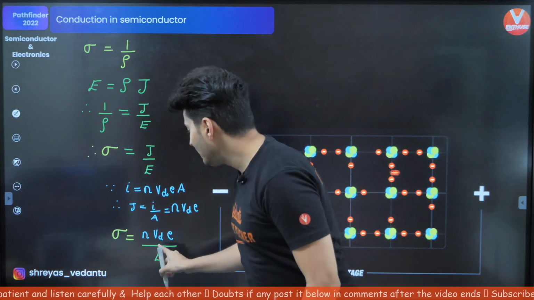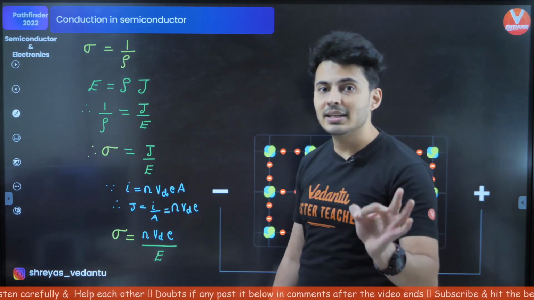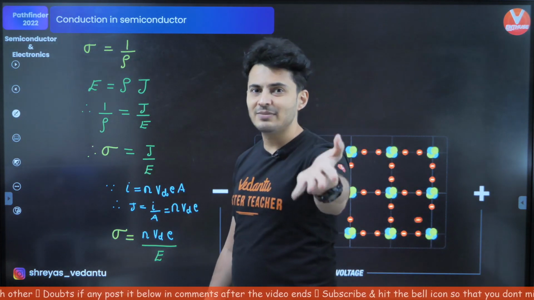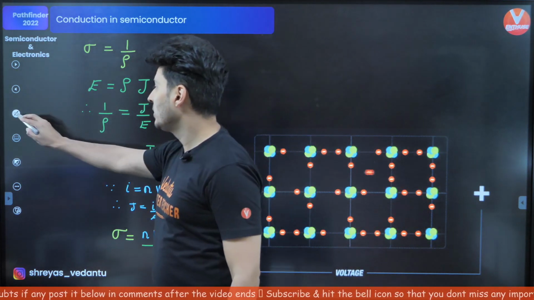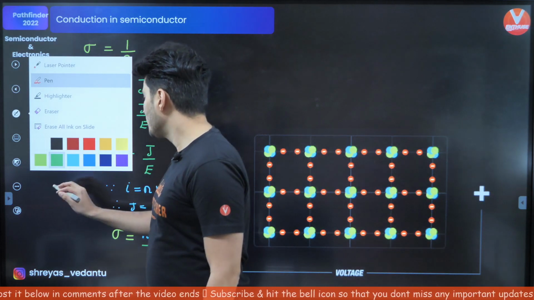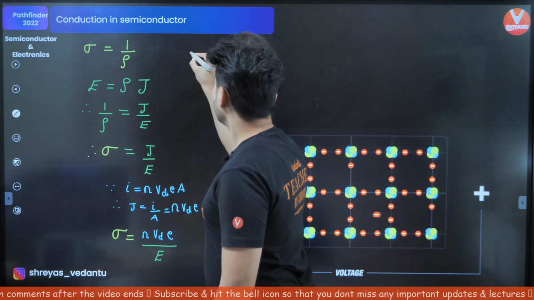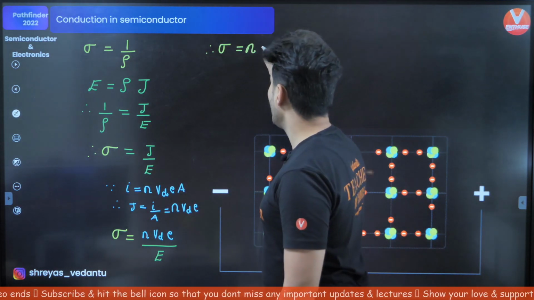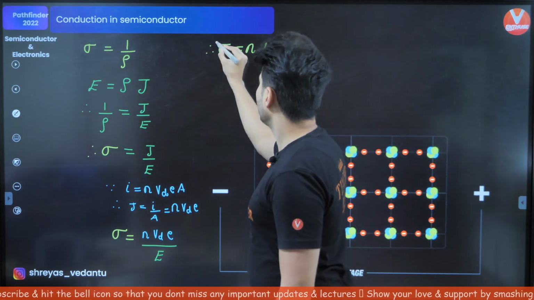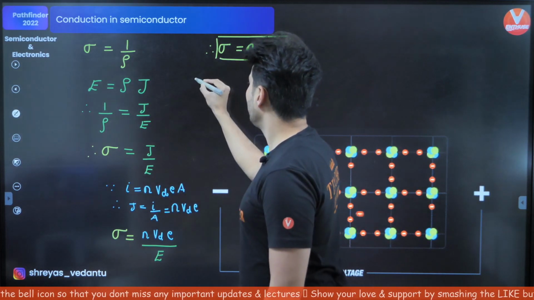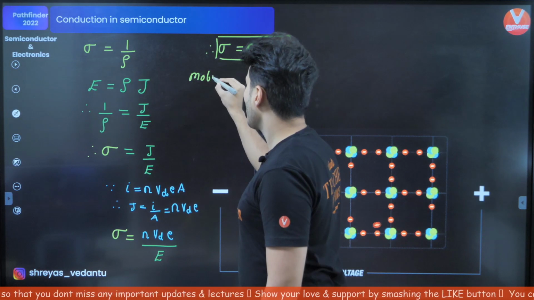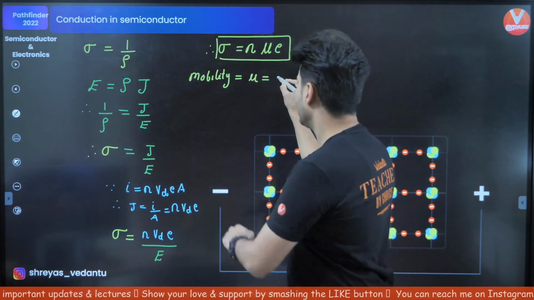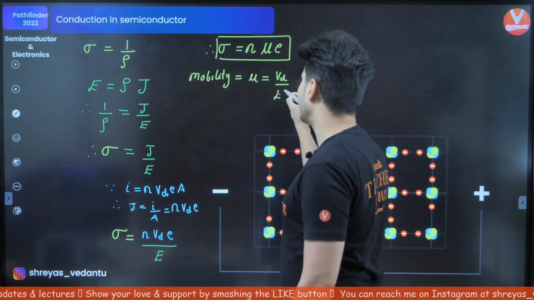Great. Now this number, drift speed by electric field, is called a new quantity, the mobility. I might have spoken about this even in current electricity if you were there during that time. So therefore, sigma is equal to n mu e, a very important formula, where mobility mu is nothing but drift speed divided by electric field.